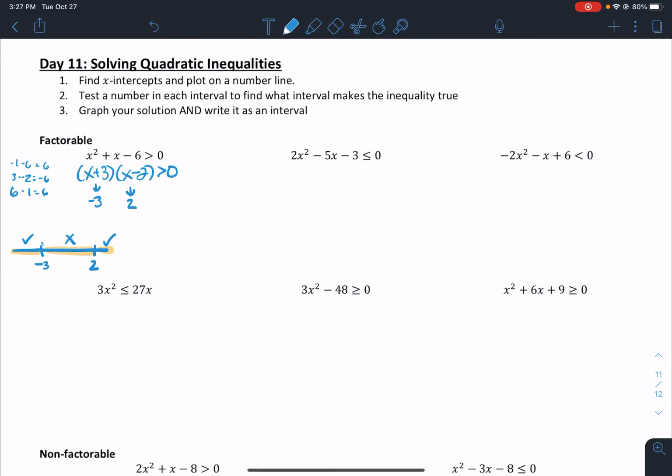It's true over here or over here. So therefore, and I could have known this because I have a greater than symbol, this tells me that my solution is x is less than -3 or x is greater than 2.